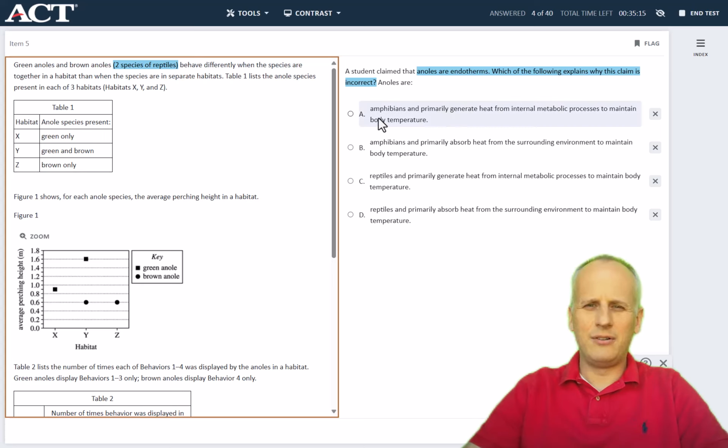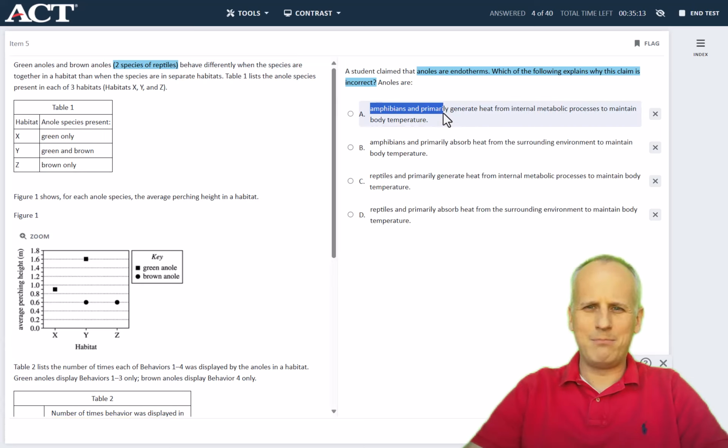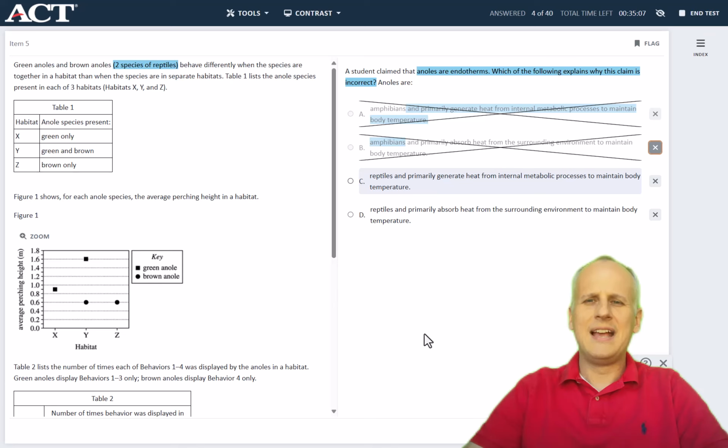So now we can eliminate choices A and B because we know that these are not, in fact, amphibians. They are reptiles. And now we've got to think about what an endotherm might be. And this is the limited amount of external knowledge that might be required by the science section. So we know that a reptile, hopefully, is a cold-blooded animal.